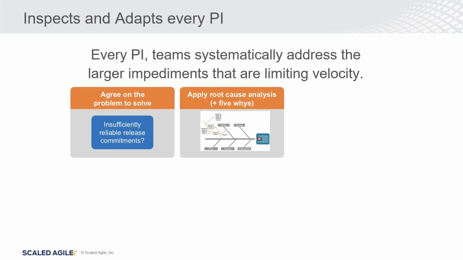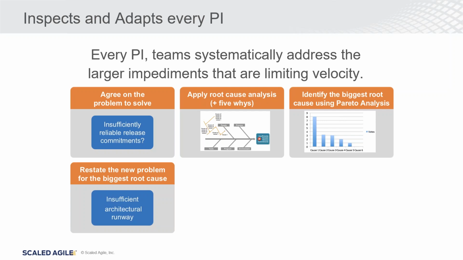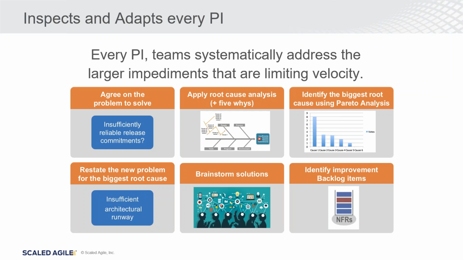And there's a defined process for agreeing on the problem at hand, determining the root cause analysis, coming up with a Pareto chart on how best to fix that problem, and ultimately brainstorming solutions.